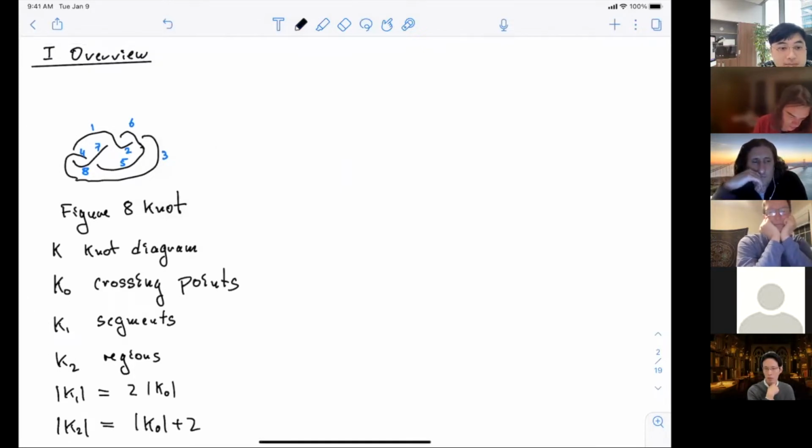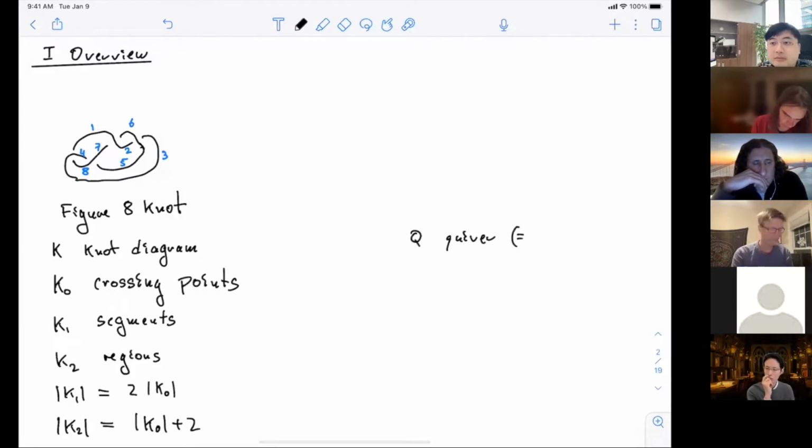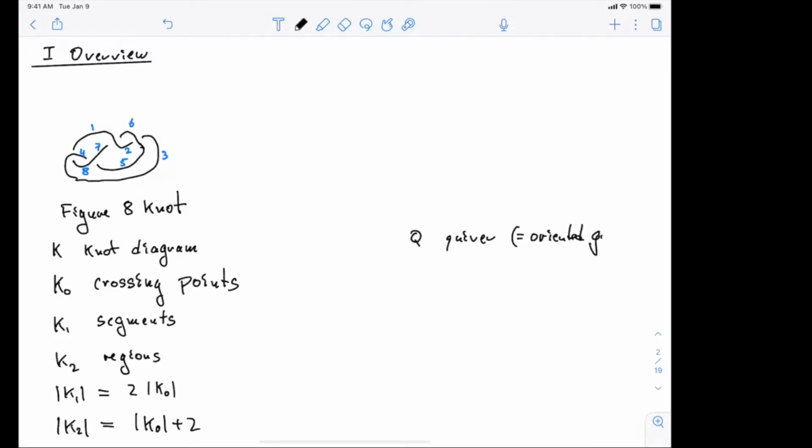And to this picture, I want to associate a quiver. And quiver is the same as an oriented graph. Let me do this here in the example. Well, let me tell you first the notation.